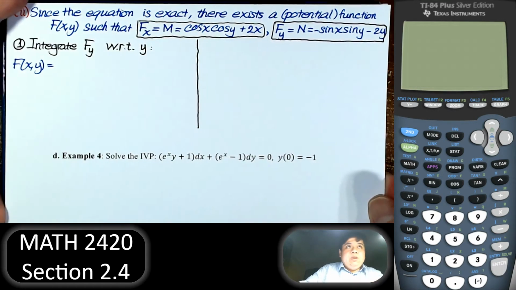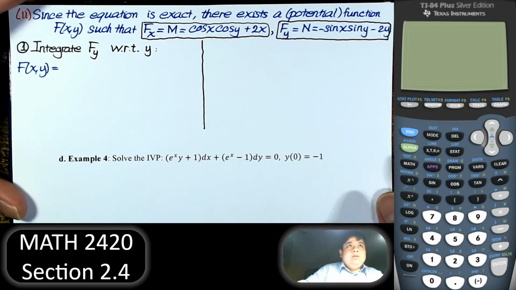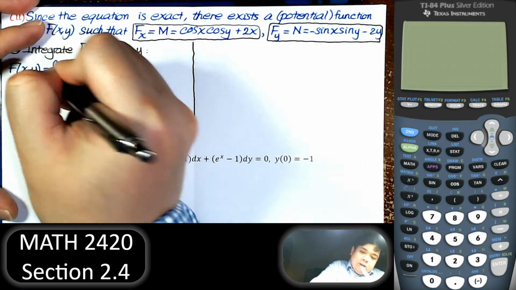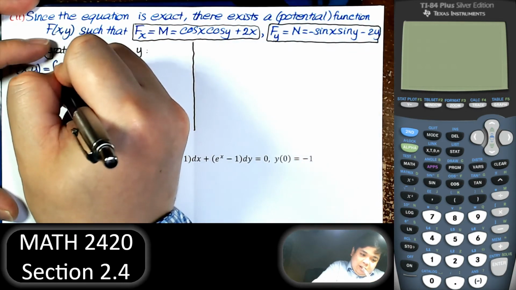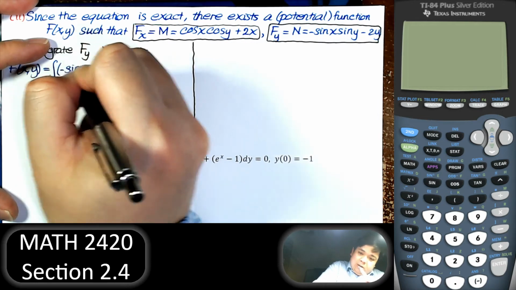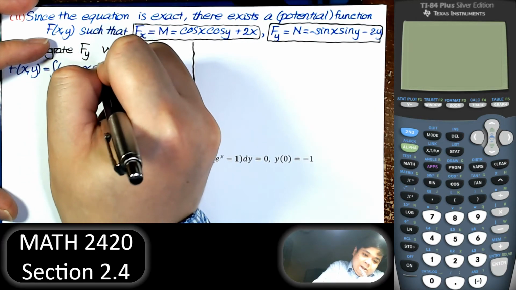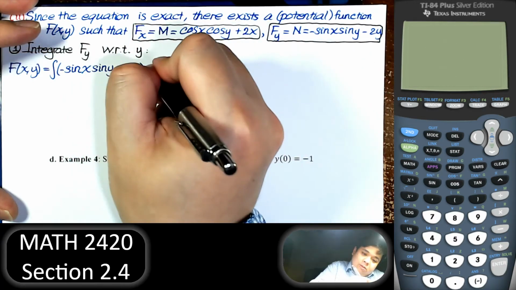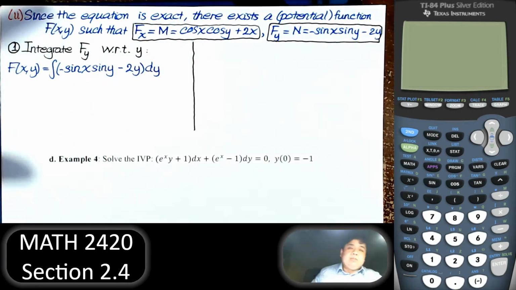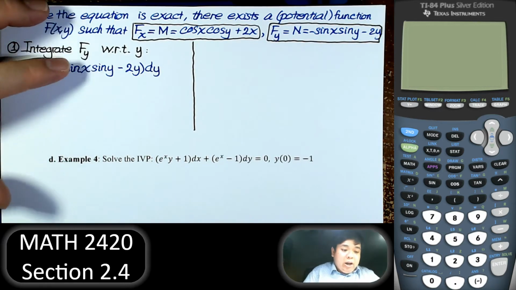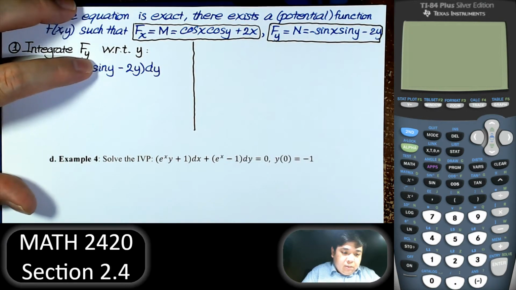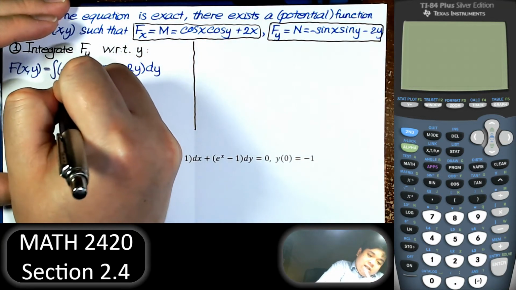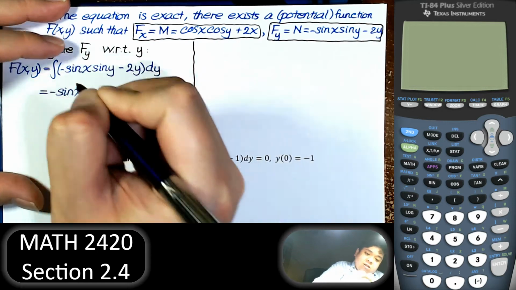equal to the integral of this with respect to y. With respect to y, x is a constant, so I will still have negative sine x as a constant.